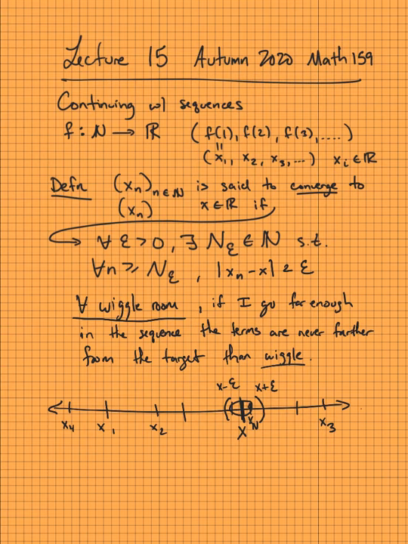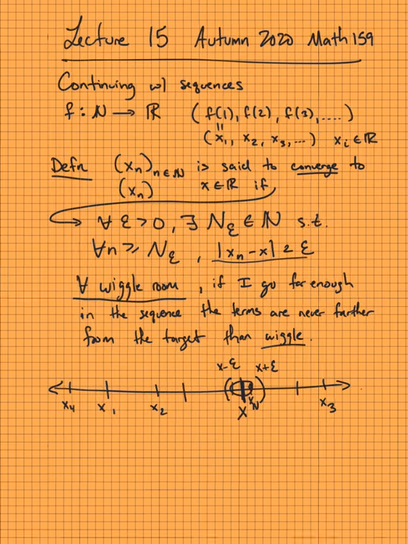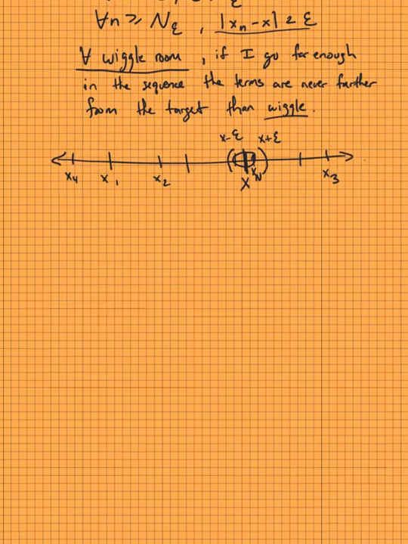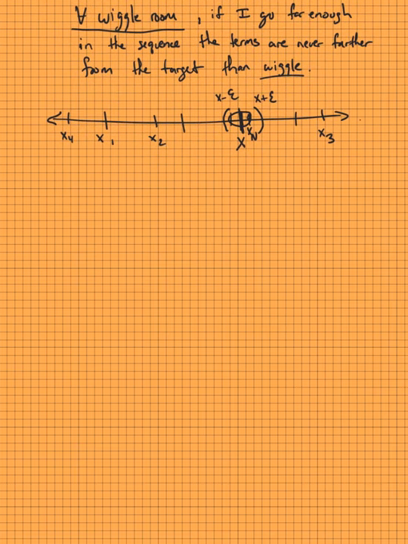And this happens for any little interval around x. And of course, this is why we take the absolute value. I don't know whether the sequence is less than x or greater than x, but it's somewhere around there, or very close to there.